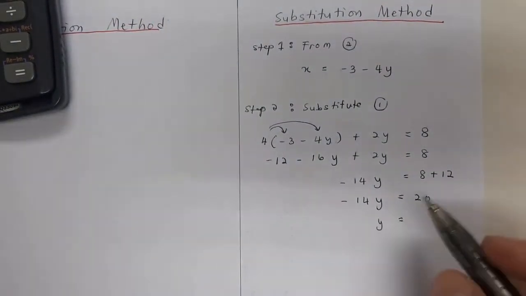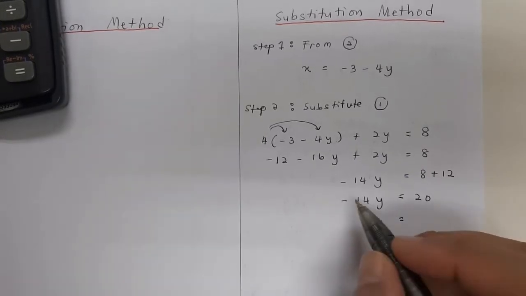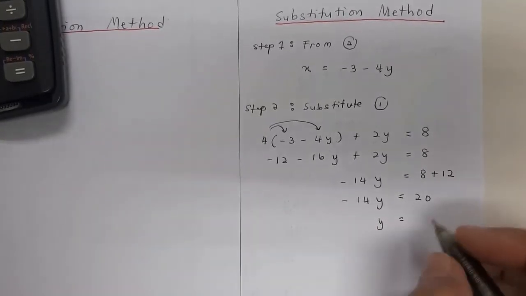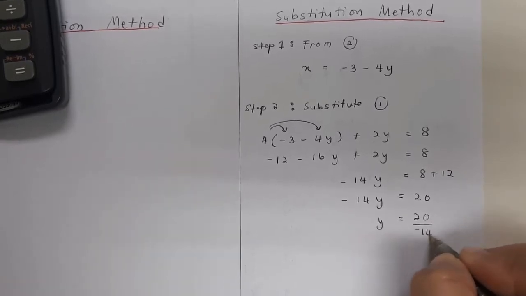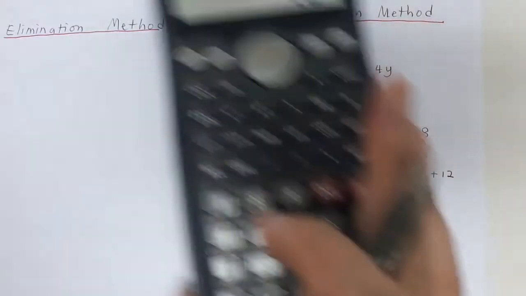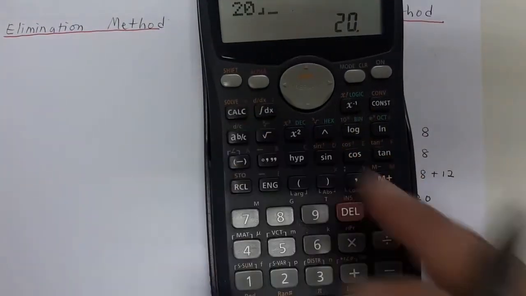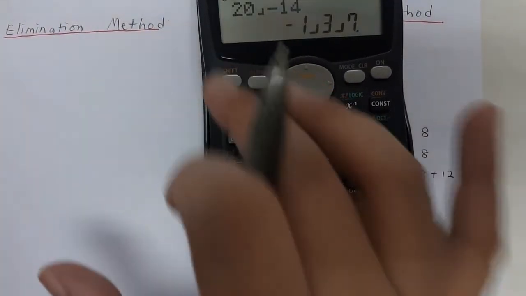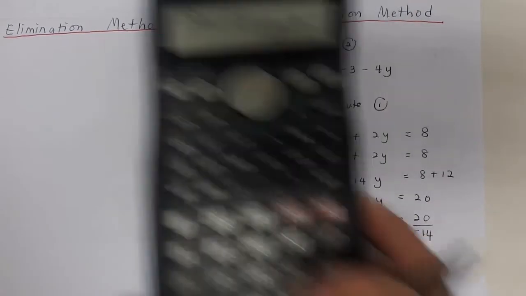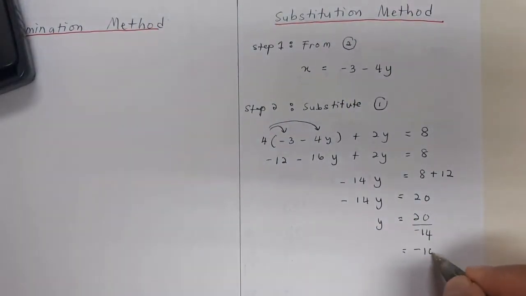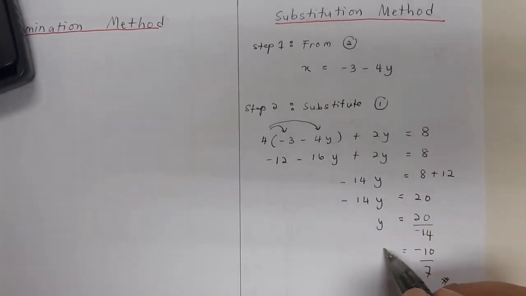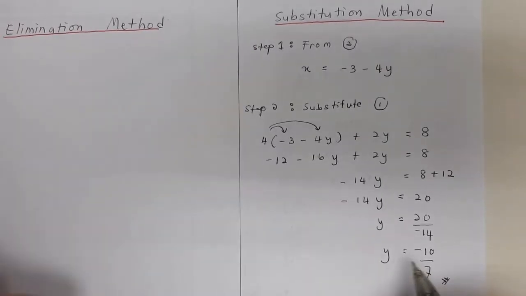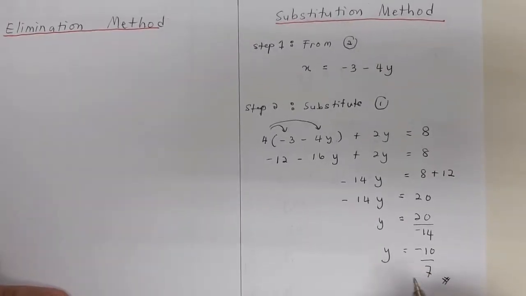And finally, leave y on the left hand side and bring negative 14 to the other side. 20 over negative 14. So negative 10 over 7. We already got the value for y.